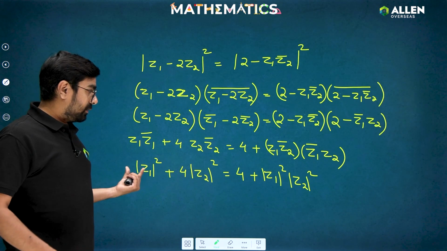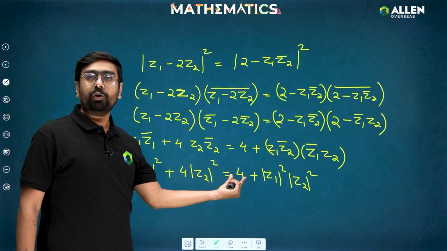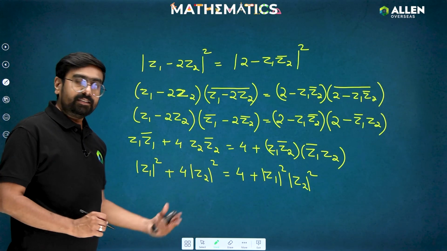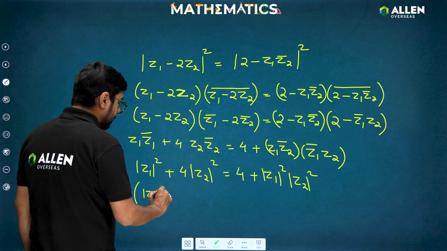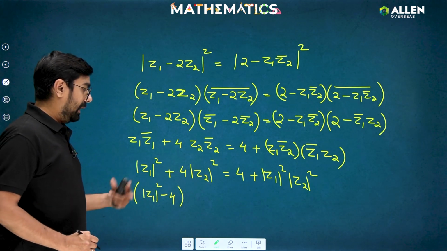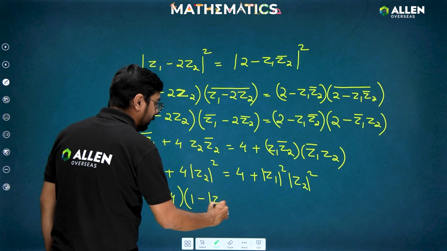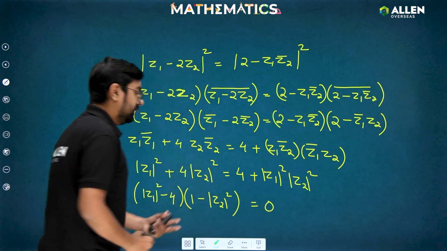If I closely look now, this is a square plus 4b square is equal to 4 plus a square into b square. If I factorize this, the factors are going to be (mod of z1 square minus 4) as one factor and (1 minus mod of z2 square) as another factor, and this is going to be equal to 0.